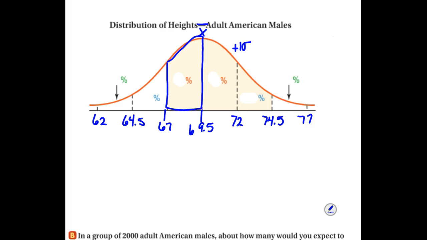We have +1 standard deviations. This would be +2 standard deviations. And this over here would be +3. Going down, we are at -1 standard deviation, -2 standard deviations, and -3 standard deviations. Okay?